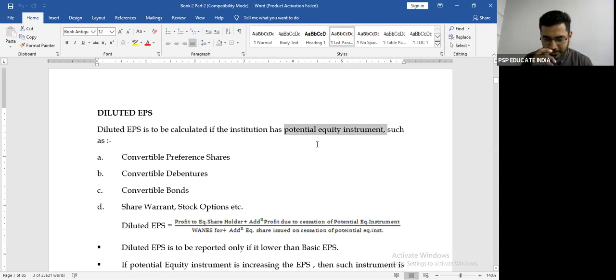Potential equity instrument means an instrument, a debt instrument which is not equity today, but it will become equity in the future. Which means today our number of shares are not affected, but because I have convertible debentures, convertible preference shares, convertible bonds, these will increase my number of equity shares going forward. That is known as a potential equity instrument. It is not equity today but in future it will convert into equity.